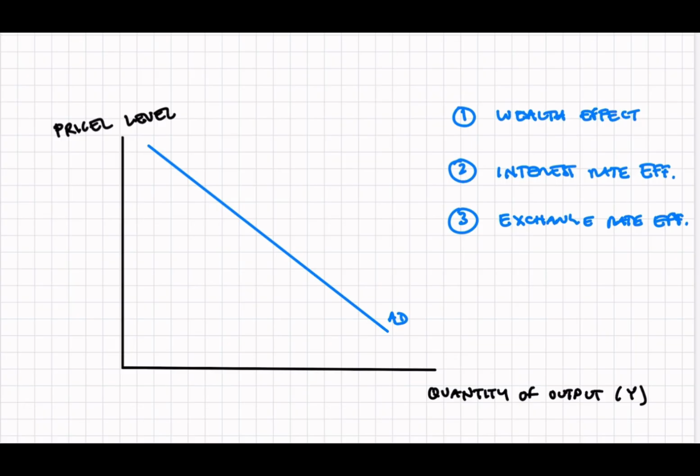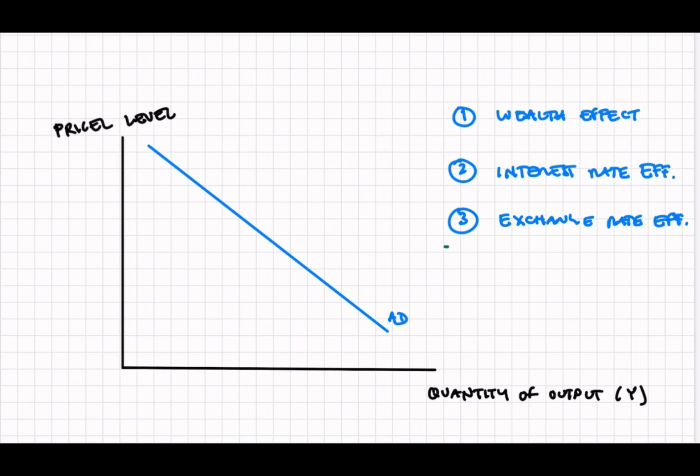So by doing this, it's going to put more US dollars into the foreign exchange market, and therefore it's going to take more US dollars to buy foreign currency. This, as a result, makes buying foreign goods more expensive, so imports will decrease. It becomes cheaper for foreign countries to buy US goods, so exports would increase, and net exports would go up. So these are the three reasons why the aggregate demand curve is downward sloping.